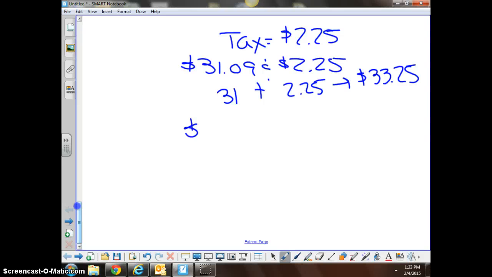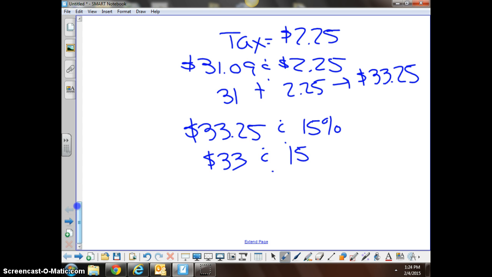So now my new numbers would be $33.25 and 15%. Yes, no? Yeah. Compatibles, $33.25 and 15%. I'm going to use $33 as a compatible, and I'm going to use, what do you think? 15%, right?